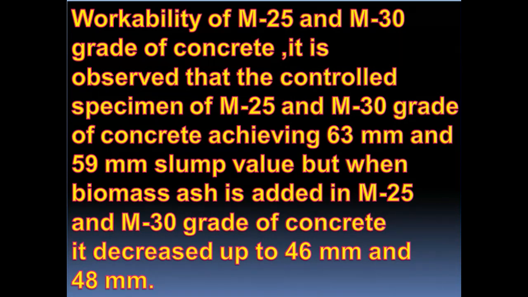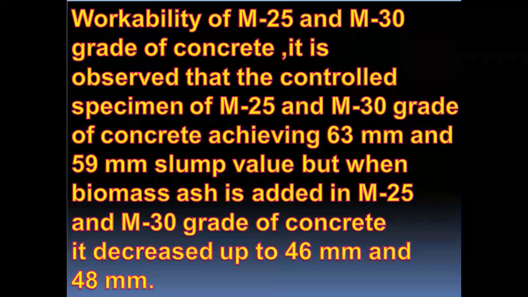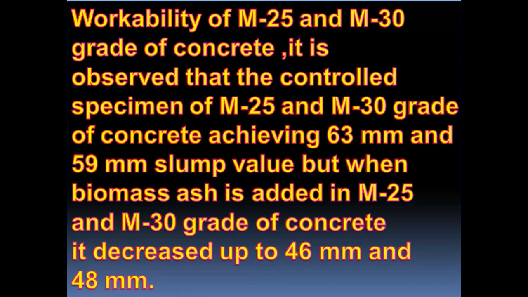When we say M25, it means that it will acquire a compressive strength of about 250 kg per centimeter square, or you can say 25 Newton per mm square. And for M30, it is 300 kg per centimeter square and 30 Newton per mm square.